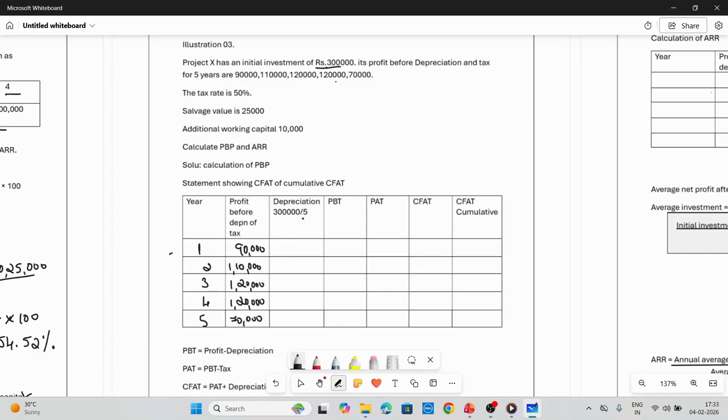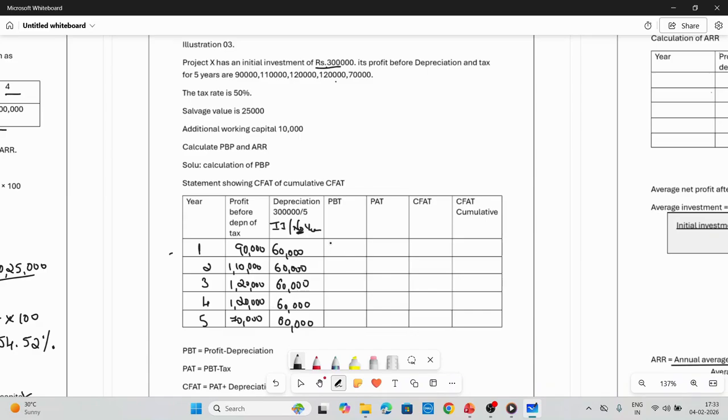Depreciation is 3 lakh divided by 5. It means initial investment divided by number of years. It's 60,000 for all 5 years.